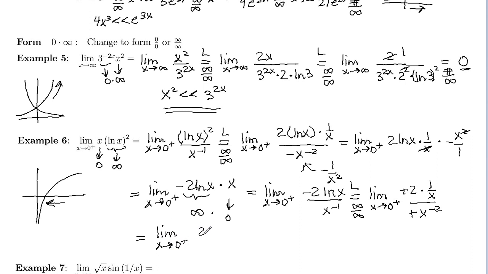And we've got that 2 times 1 over x. And then x to the negative 2 is the same as 1 over x squared. And dividing by 1 over x squared is the same as multiplying by x squared over 1. So invert and multiply.